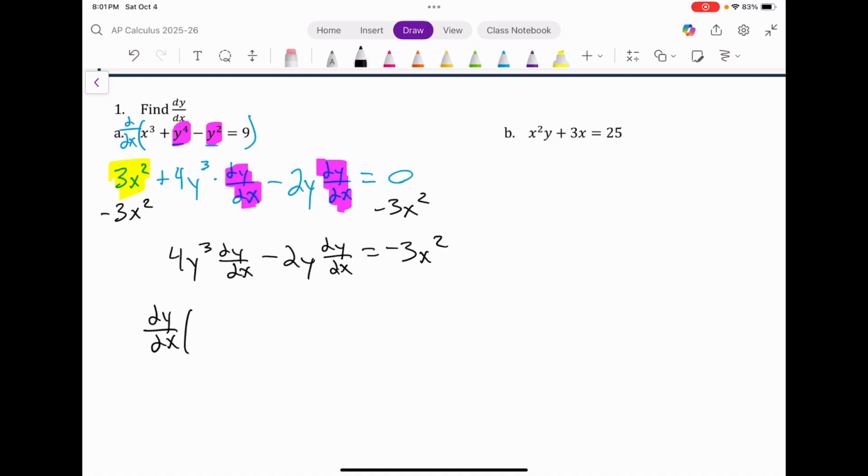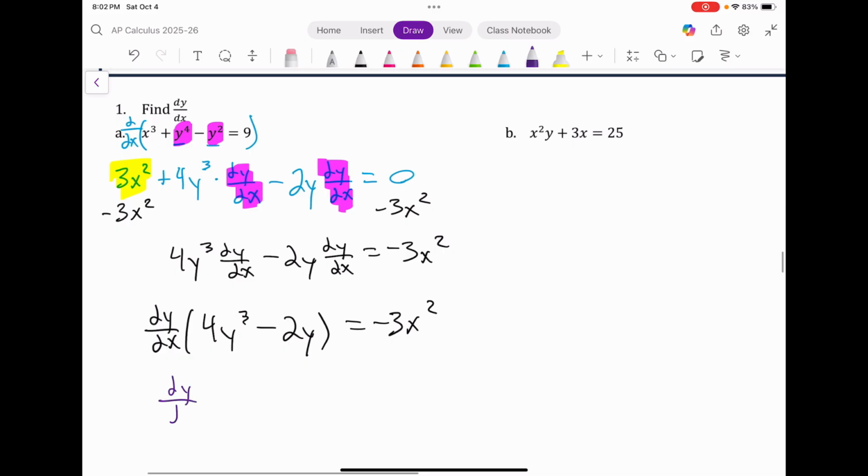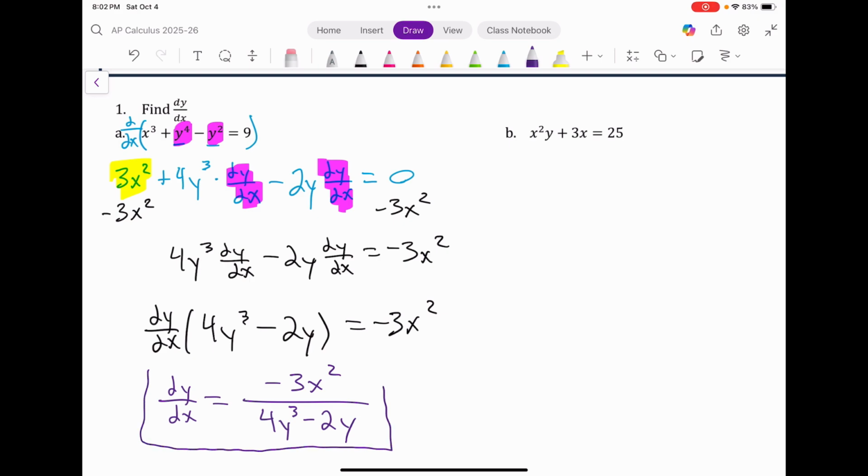So we do this, left with 4y cubed minus 2y. Okay, so we've got dy dx by itself factored out, and the last thing to do to isolate it is to divide by whatever is attached to it. So we'll have negative 3x squared divided by 4y cubed minus 2y. And so this is the derivative of y with respect to x. So you'll notice this is the first time we've ever had another variable besides x involved.